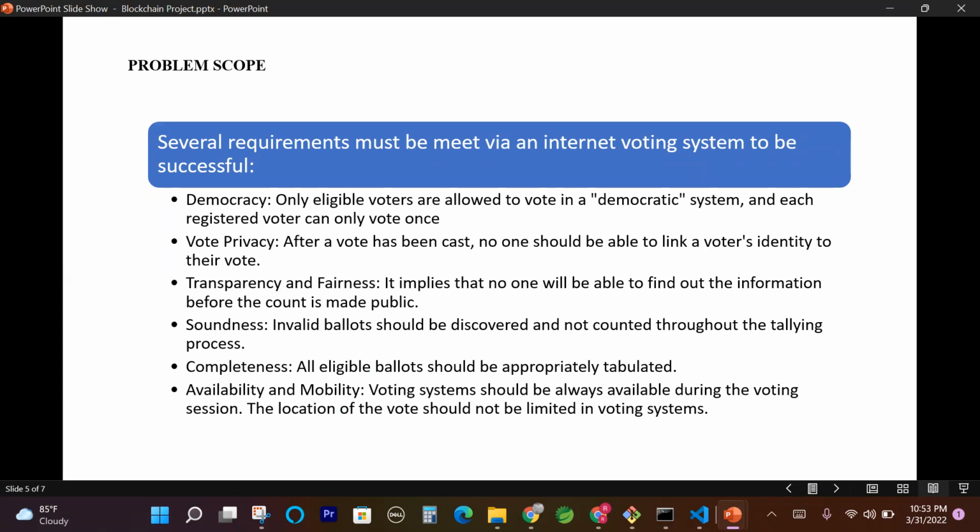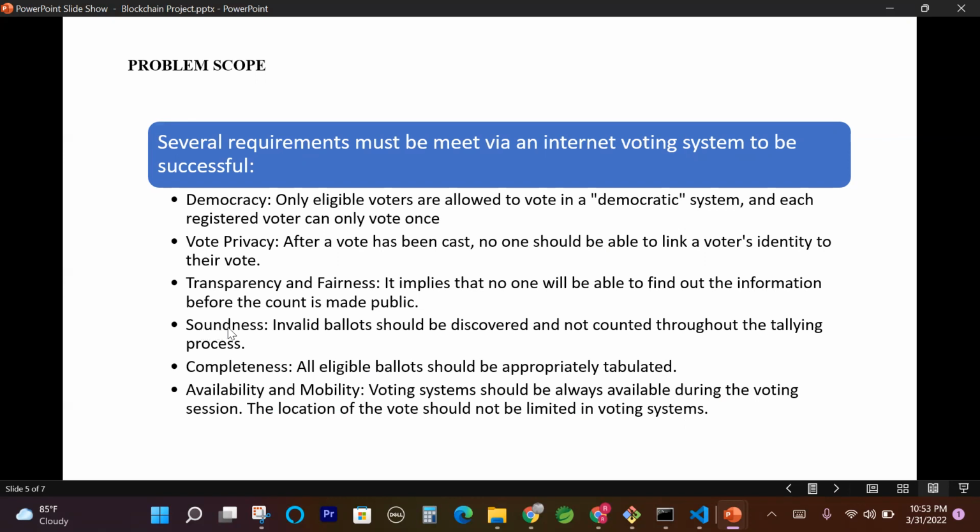Another thing is vote privacy. After a vote has been cast, no one should be able to know the identity of the voter who gave the vote. Another thing is transparency and fairness. It implies that no one will find the information before the count is made public.